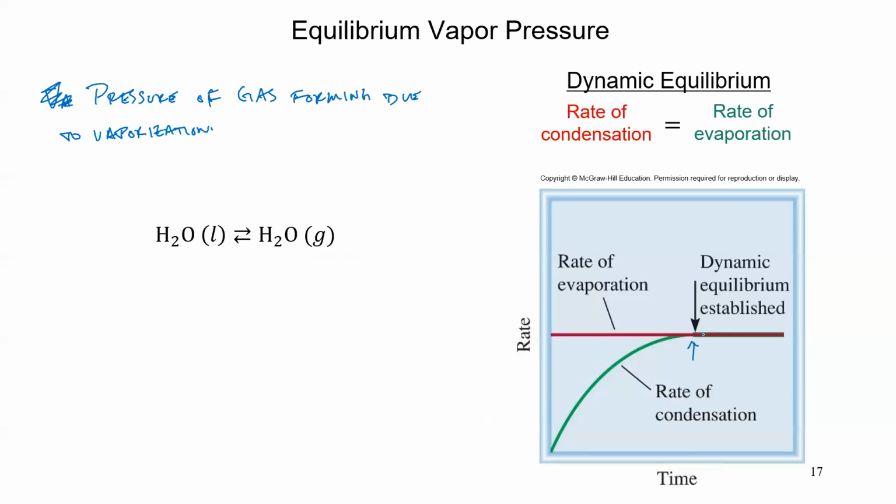And so each compound has a different equilibrium vapor pressure, and it depends on temperature. And so each substance's vapor pressure changes with temperature.